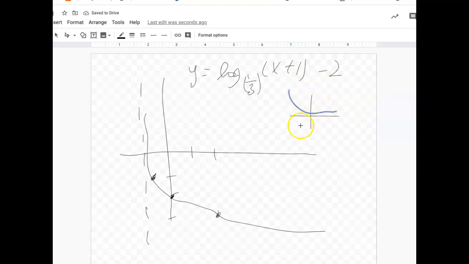And so if you were to flip this over the line y equals x, it's going to come this way. So you can still see that those are mirror images across the line y equals x. So hopefully that's convincing you a little bit more.